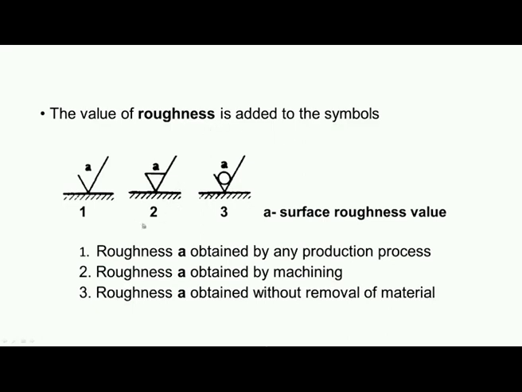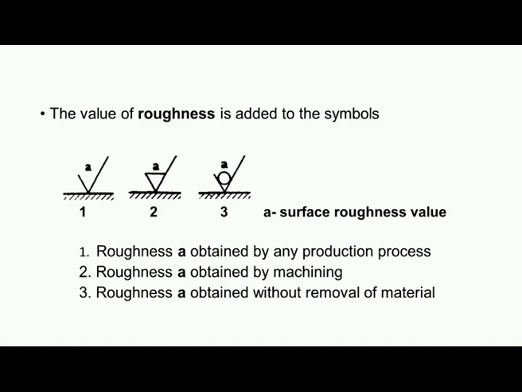You can see here we have three symbols. So a indicates the surface roughness value. If no parameter is specified, then it is understood that the value represents Ra value in terms of micrometer. If other parameters are required, like Rt value or Rp value or max value, then that should be clearly mentioned.